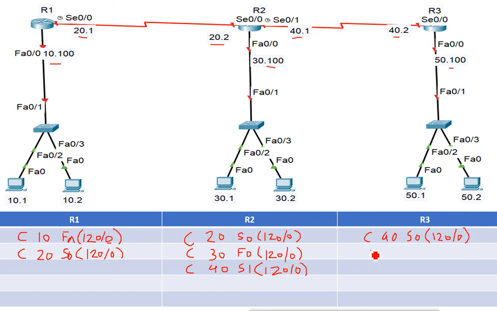Then we also have one more connected network here, 50, connected from fast Ethernet 0/0. The AD value is 120, and because it is connected, the hop count is 0.